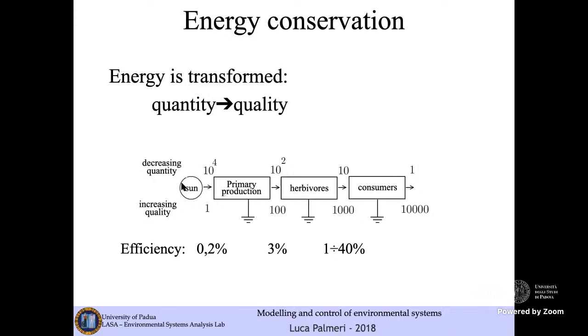So, corresponding to a decreasing quantity of production, I may associate an increasing quality of the energy produced. For example, at the first step, I have the sun and photosynthesizers that convert solar energy into biomass, primary production. And at the subsequent steps, I have other organisms that convert primary production into biomass of higher trophic levels, for example herbivores, or consumers, maybe carnivores in this case.